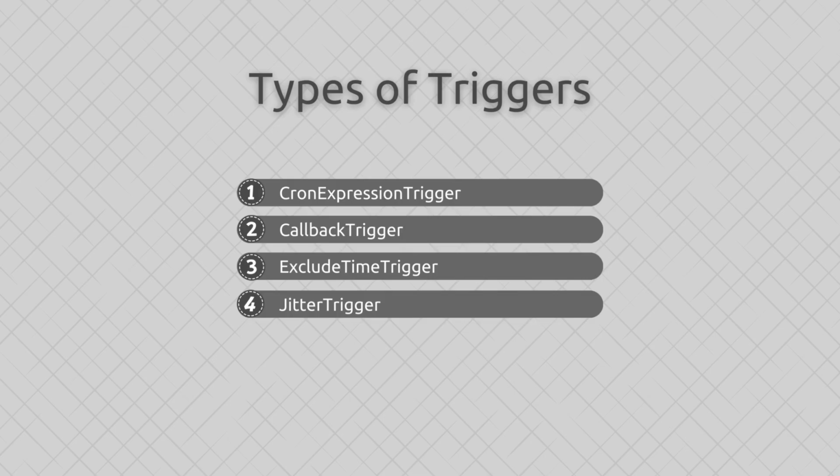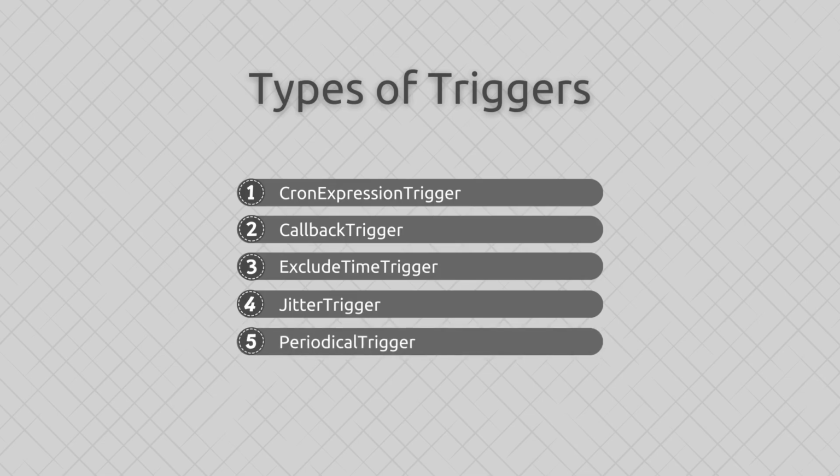Adds a random jitter, a slight delay or advance, to the triggering time. Useful for evenly distributing the load of scheduled tasks, so they don't all execute at the exact same time. Periodical trigger. Uses a date interval to schedule tasks at regular intervals.